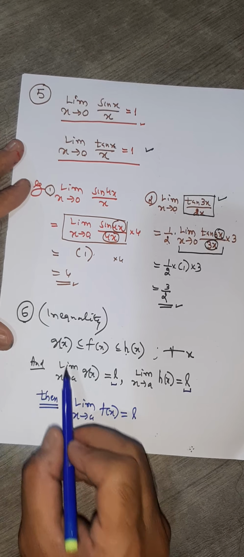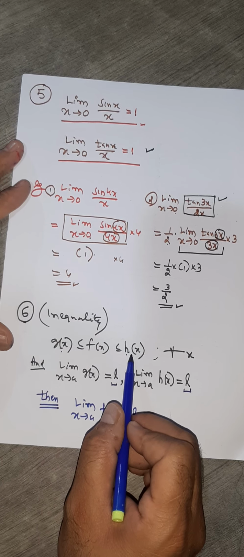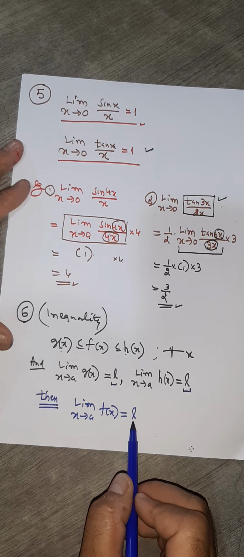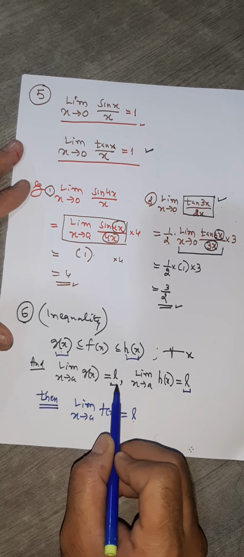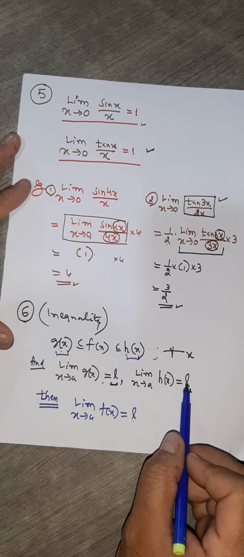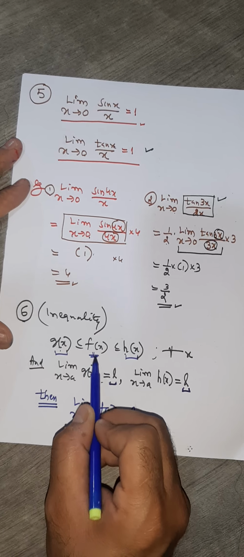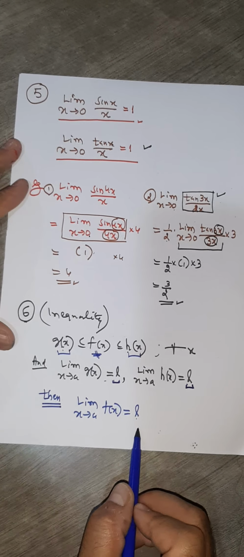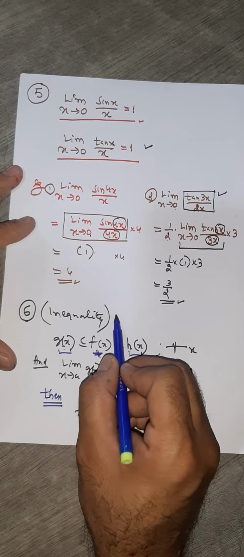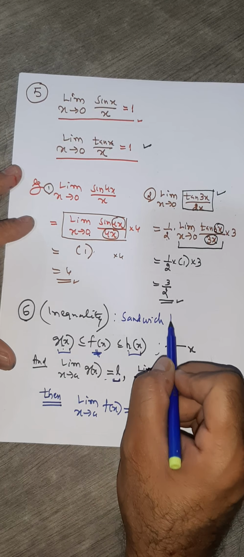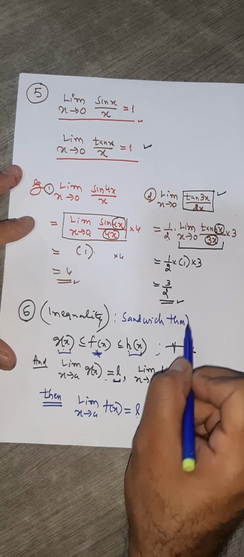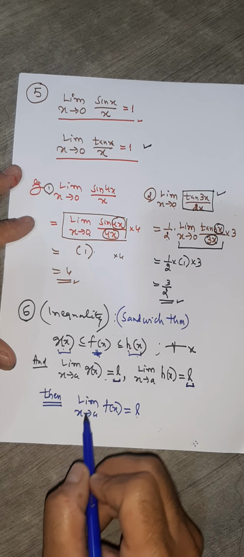What is the conclusion? If these two extreme functions are very close to L, this L should be equal for both, then the middle function should also approach L. Right? This is sometimes called the sandwich theorem. It looks like this function is sandwiched by these two.